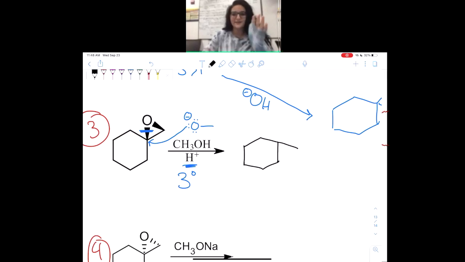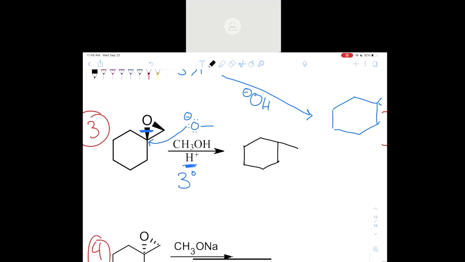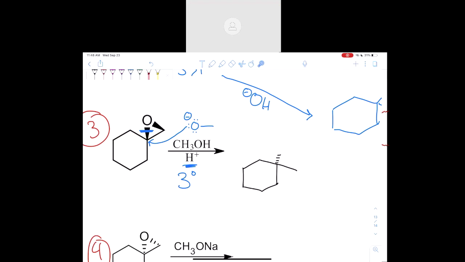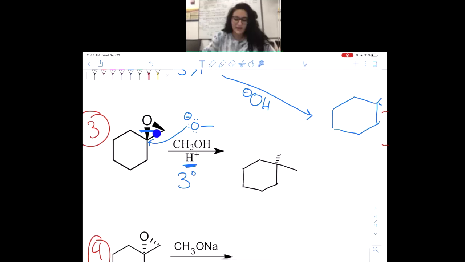Anytime you're attacking, you have to flip the stereochemistry of the carbon. So if your epoxide is wedged, your nucleophile will have to be dashed. If your epoxide is dashed, it will have to be wedged. So you were totally right. And the one that's not being attacked just stays the same. Yes, the one that's not being attacked will stay exactly the same.